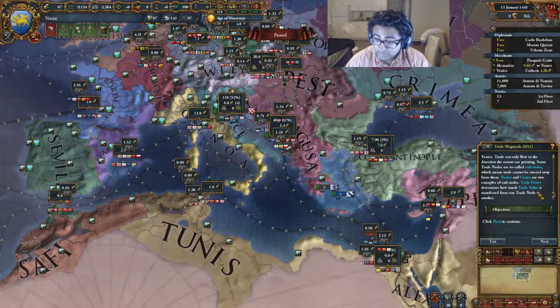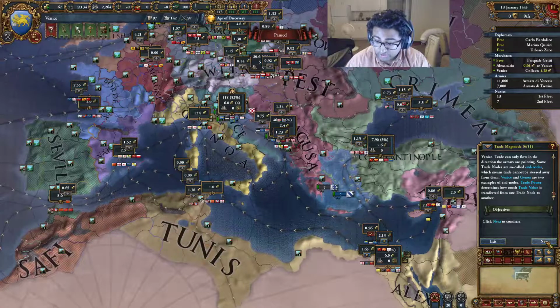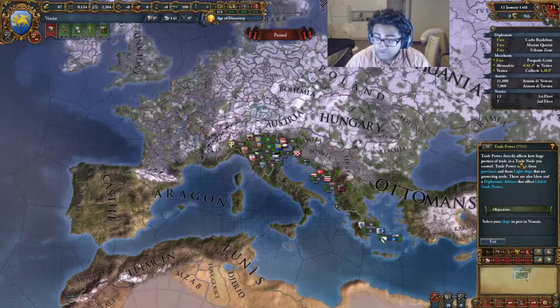Trade power determines how much trade value is transferred from one trade node to another. Trade power directly affects how large a portion of trade in a trade node you control. Trade power comes from provinces and from light ships that are protecting trade.